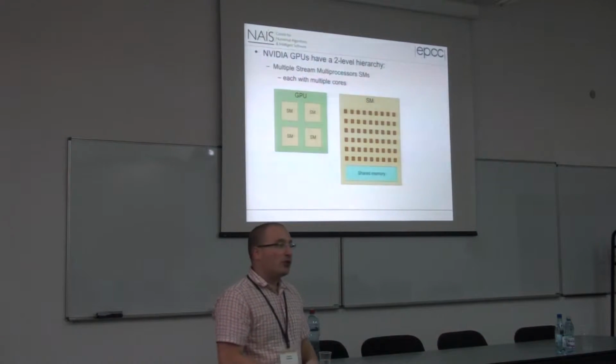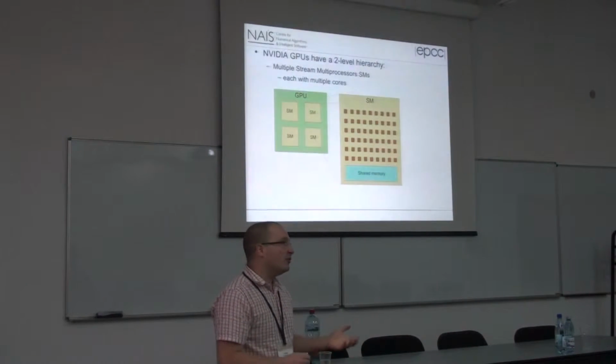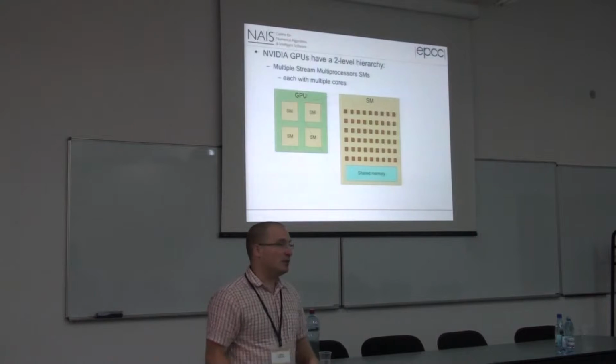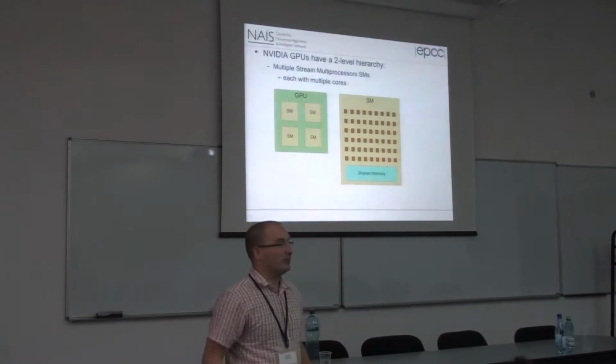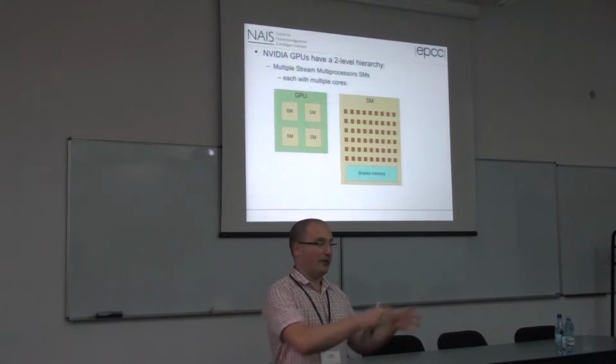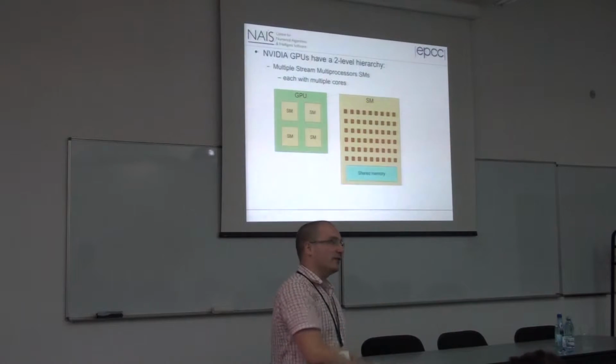This is an abstraction of the hardware, which is designed to make it easy to port between different GPUs, because you don't have to care exactly how many cores and how many blocks are there. You should be able to take the same code and run it on different GPUs, which have different numbers of cores, but it still maps this general concept that you have one level to break your program down to, and then another level of how you write.